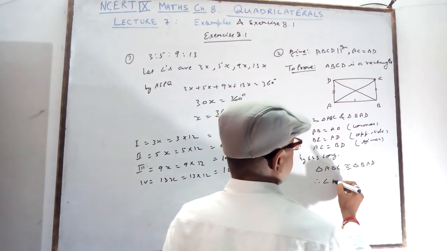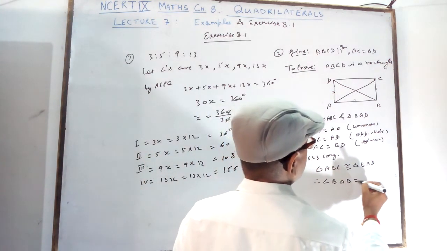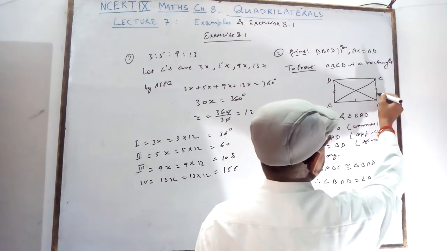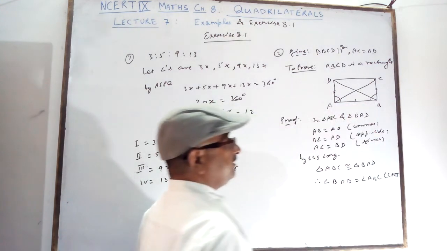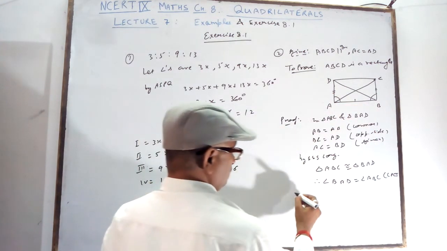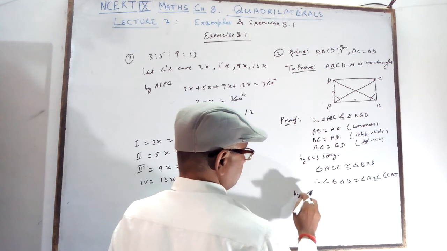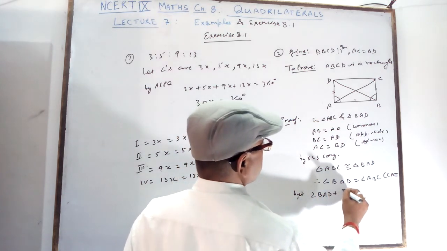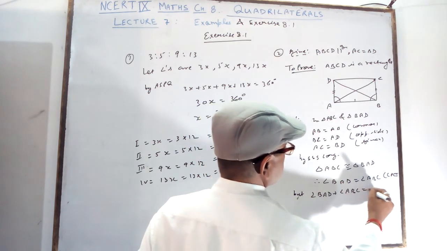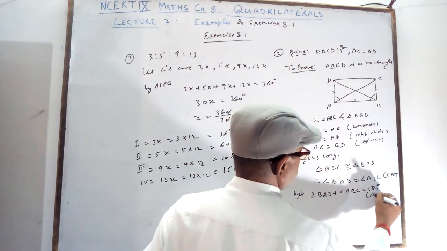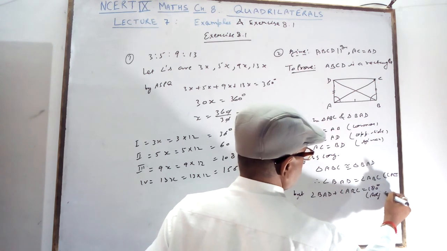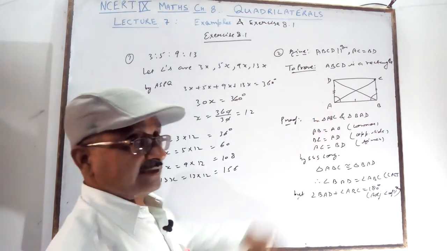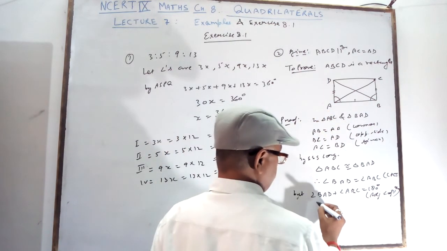So angle BAD is equal to angle ABC by CPCT. This angle is equal to this angle by CPCT. But angle BAD plus angle ABC is equal to 180 degrees, the sum of two adjacent angles of a parallelogram.